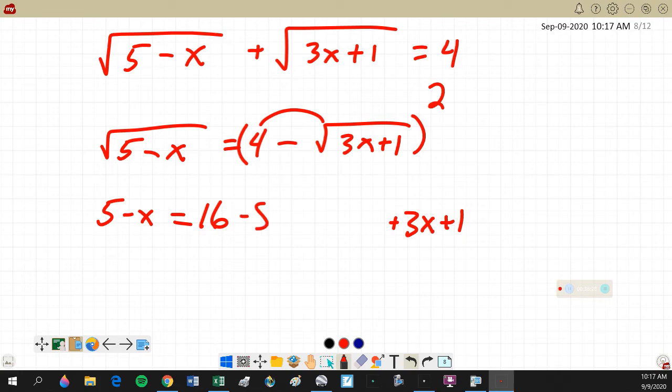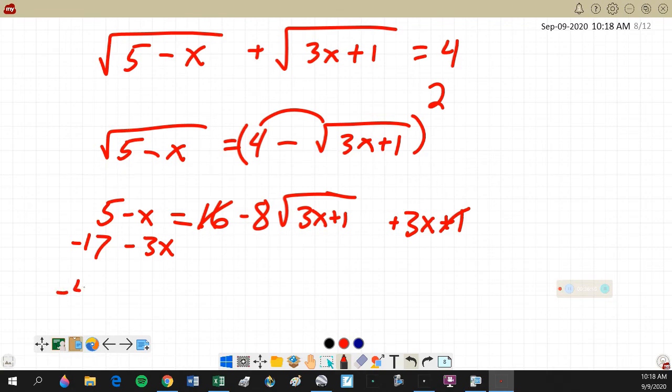So negative 8 root 3x plus 1. Everybody good? Okay. Those make 17. So subtract 17 and subtract 3x. So negative 4x minus 12 equals negative 8 root 3x plus 1.